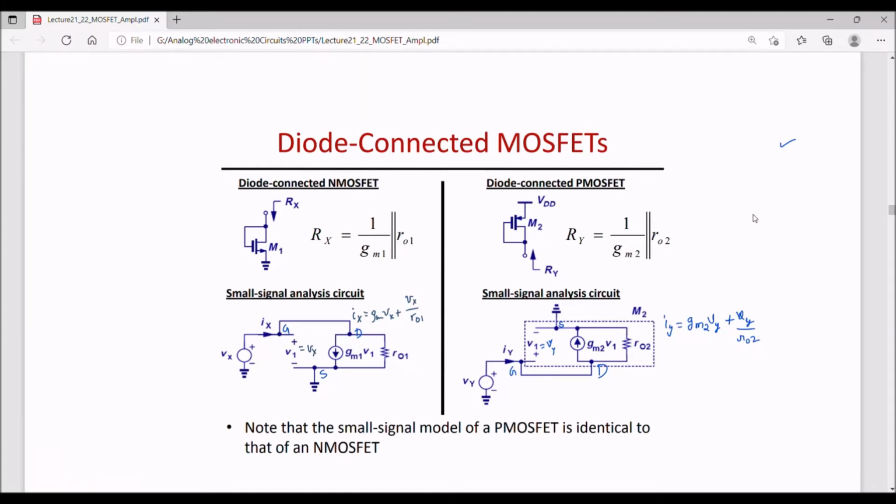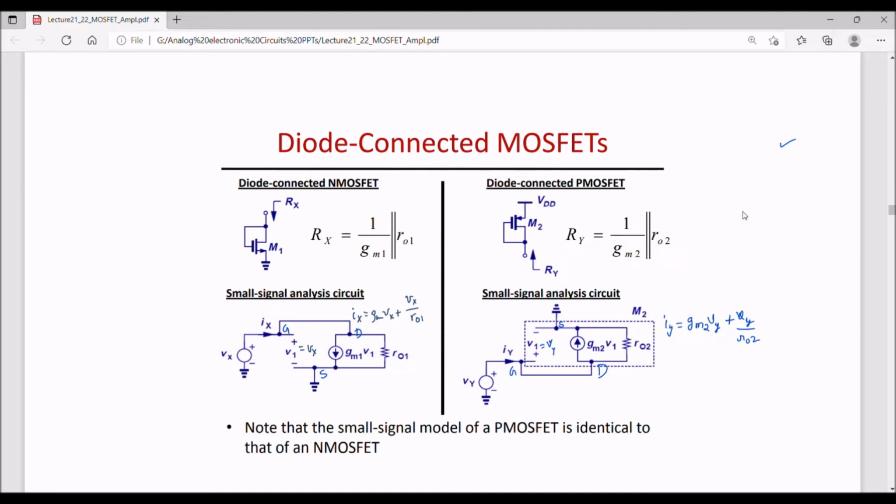So in the previous lecture we were discussing these diode connected MOSFETs, and we saw that these can be used as a load in our common source amplifiers and common gate amplifiers also.